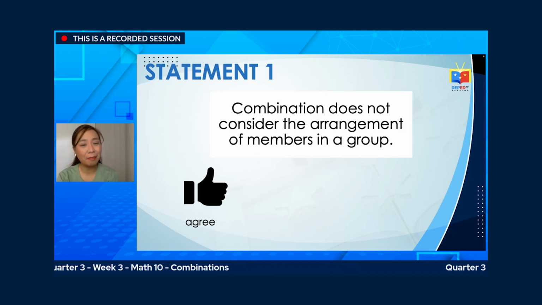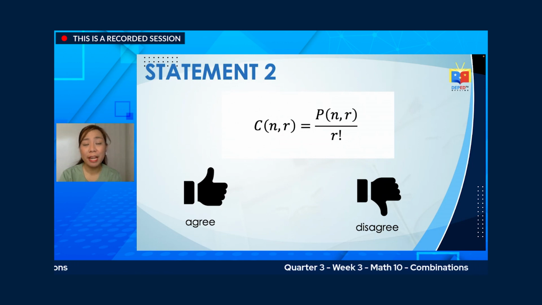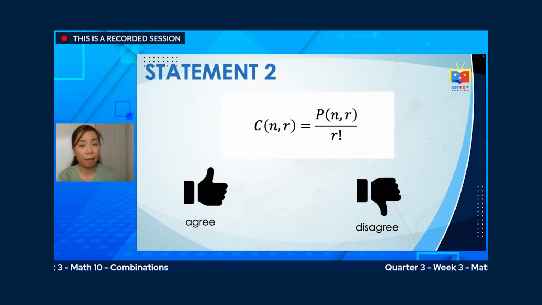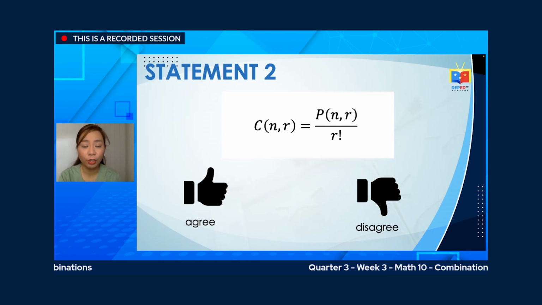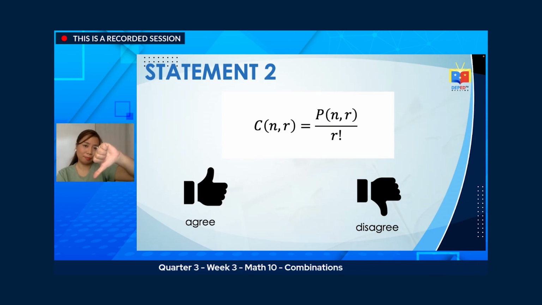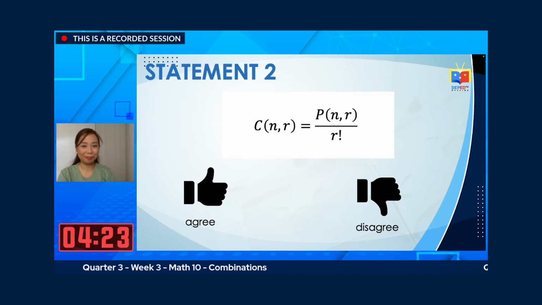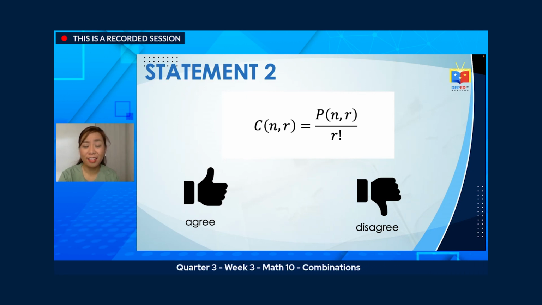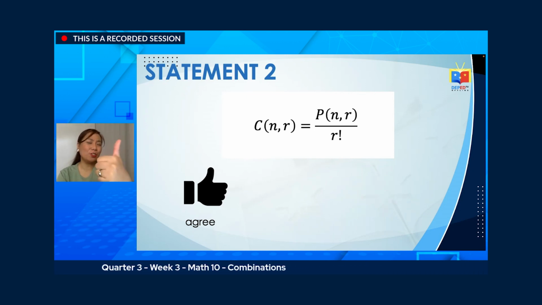Let's try statement 2. Combination of n objects taken r at a time is equal to permutation of n objects taken r at a time divided by r factorial. Do you agree or disagree? Go. And the answer is, good job!